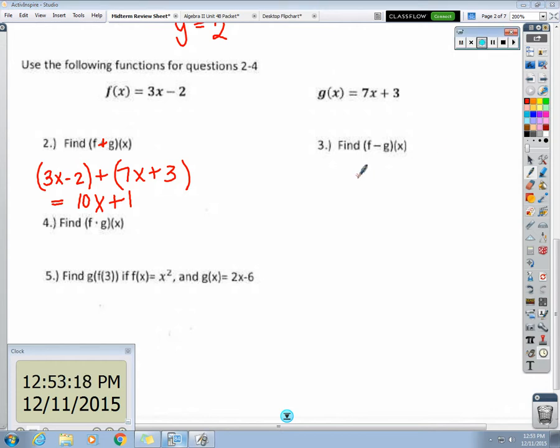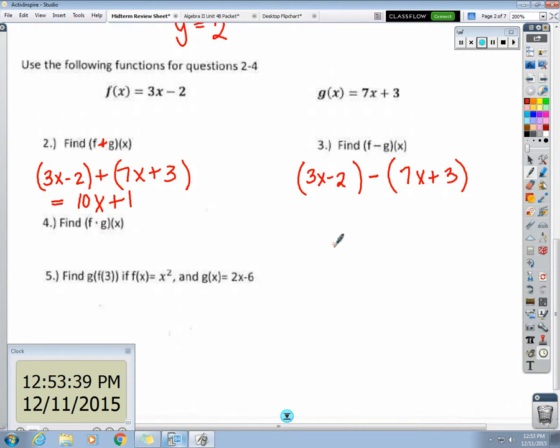This time they want you to find f minus g of x. So they want you to take the f function, which is 3x minus 2, and subtract the g function, which is 7x plus 3. But what makes subtracting a little more difficult than adding? You have to drop the sign. Right.